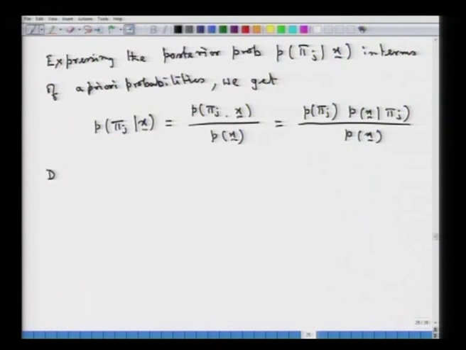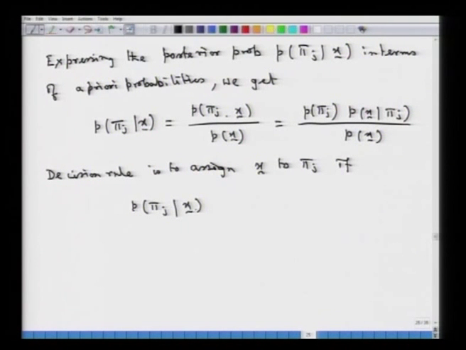Now, the decision rule is to assign x to π_j if the posterior probability P(π_j | x) is greater than P(π_k | x), with k from 1 up to c and k not equal to j.